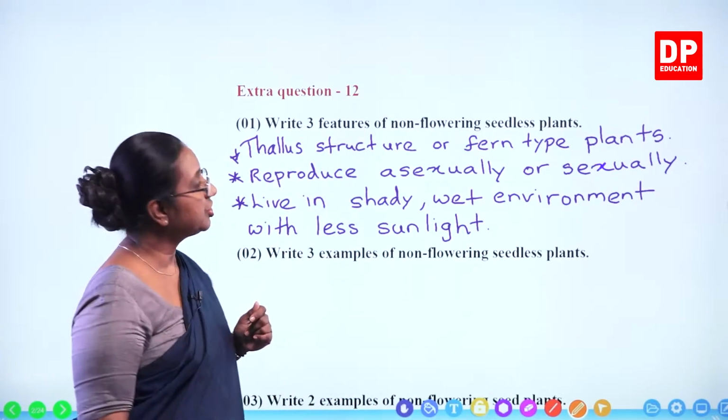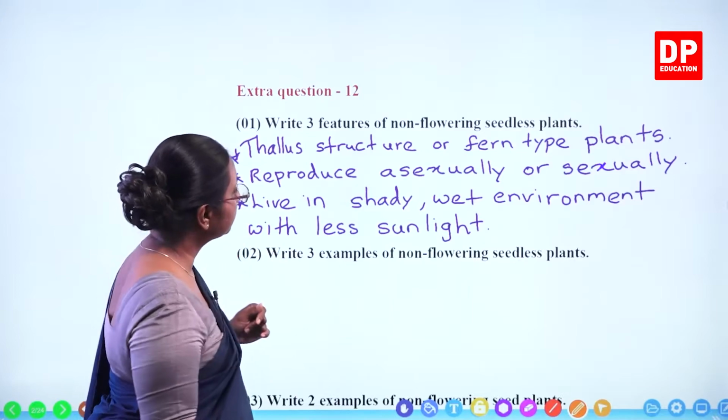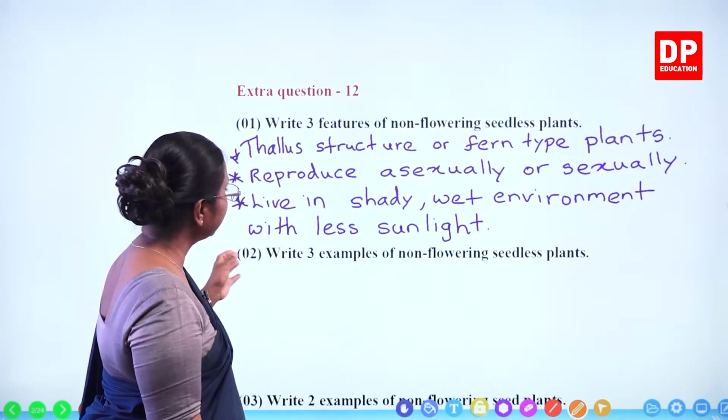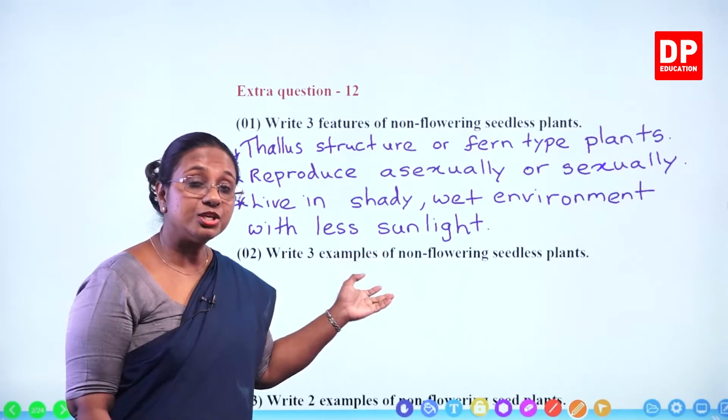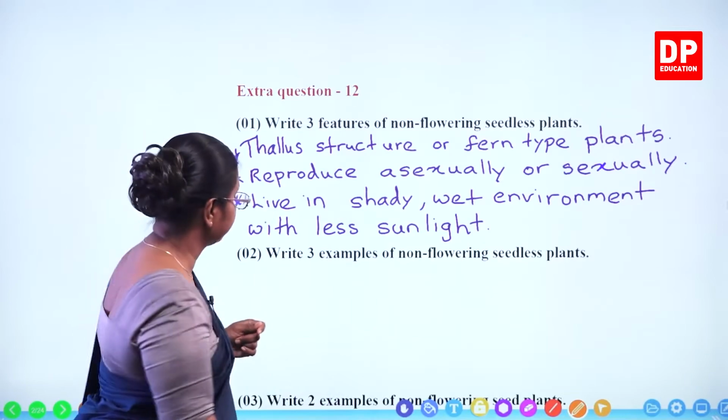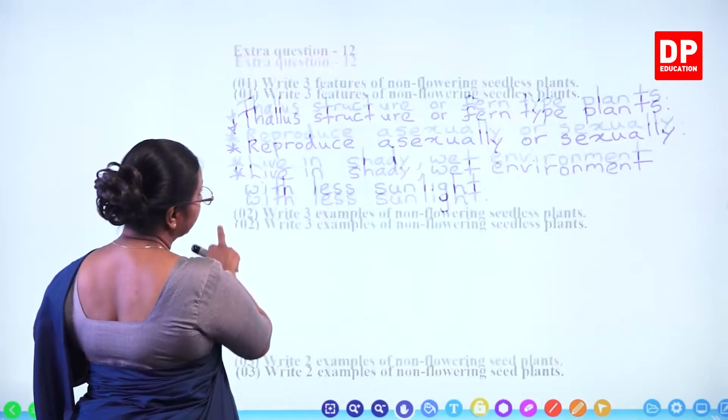So, thallus structure or fern-type plants, reproduce sexually or asexually, live in shady, wet environment with less sunlight. In addition to that, you can also say they are all photoautotrophic organisms. Then, this next part of the question.